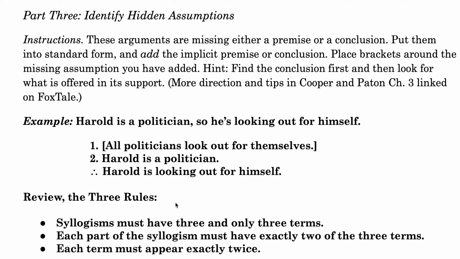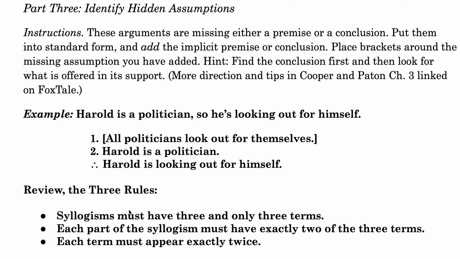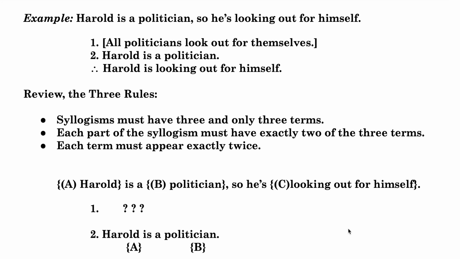One trick to help you get better at finding the missing assumption in syllogisms is to remember the 3 rules. So remember, the 3 rules are that we have to have only 3 terms in any syllogism, and that each of those terms has to show up twice, and only 2 can be in each rule.